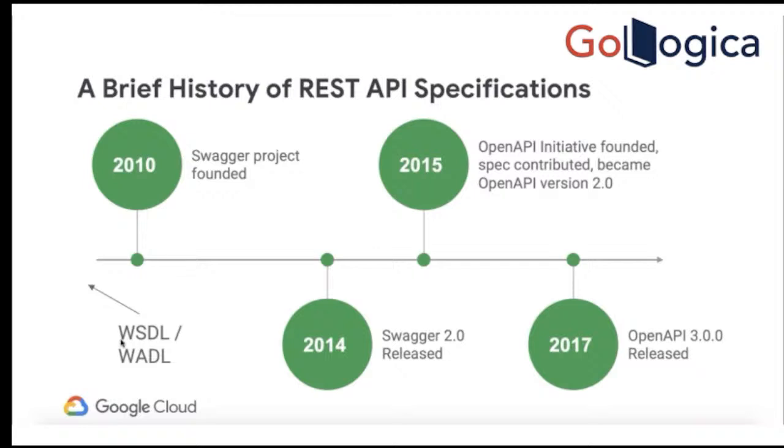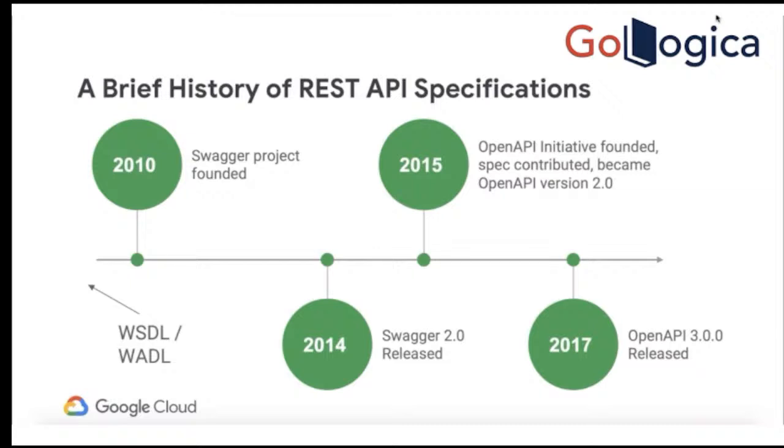So they needed a pretty simple, straightforward way to define the APIs. So in 2010, the Swagger project was founded, and in 2014, Swagger 2.0 was released. The same Swagger name was changed to OpenAPI, and Swagger 2.0 became OpenAPI 2.0, and then in 2017, OpenAPI 3 was released.